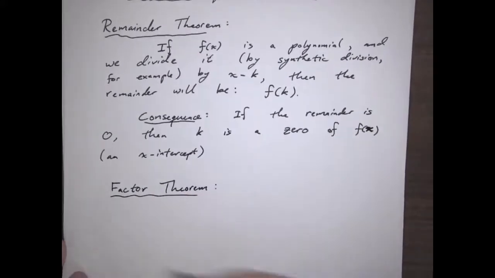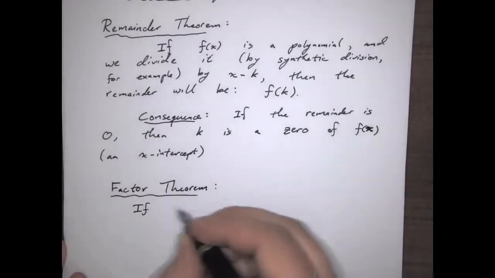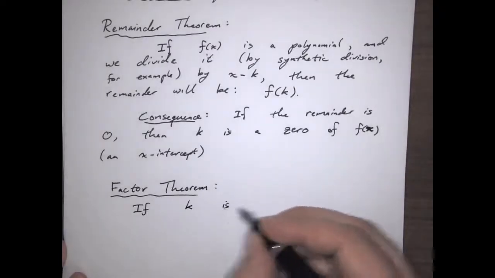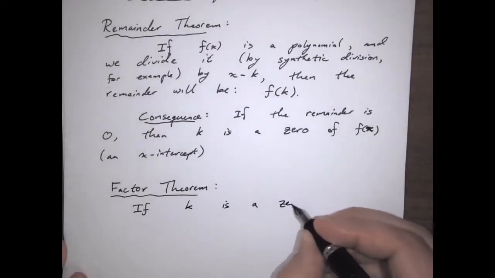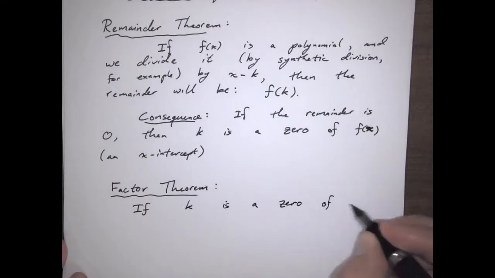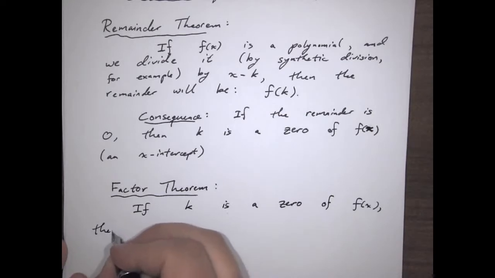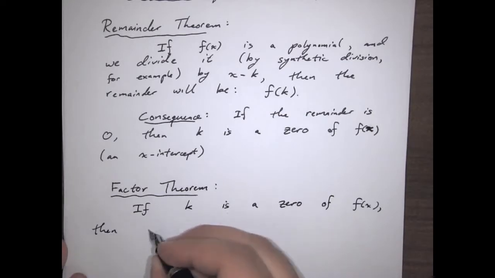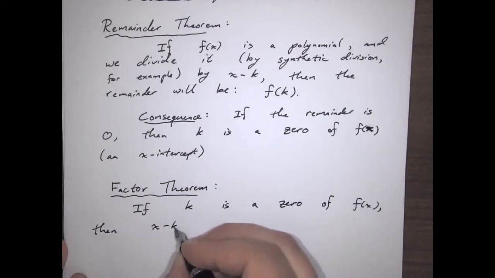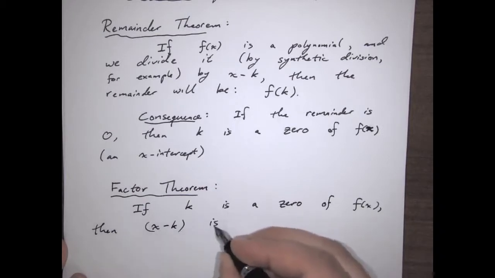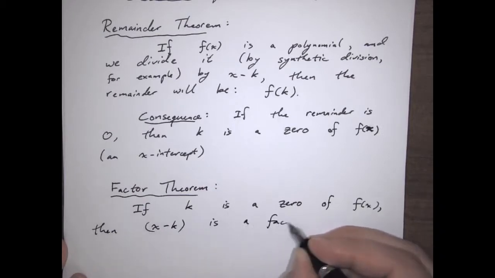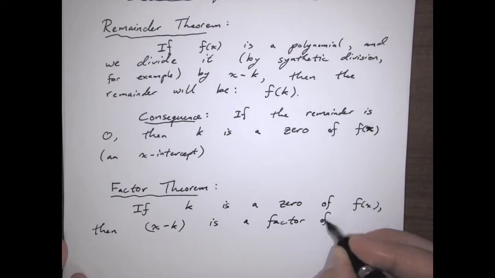Factor theorem. If k is a 0 of f of x, then x minus k is a factor of f of x.